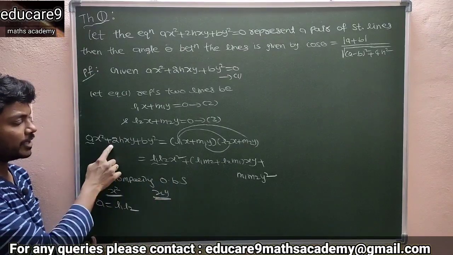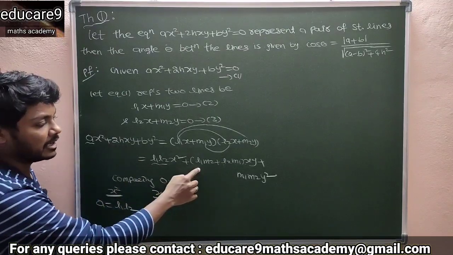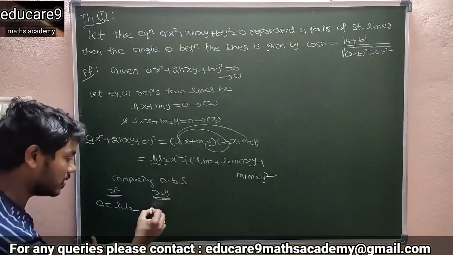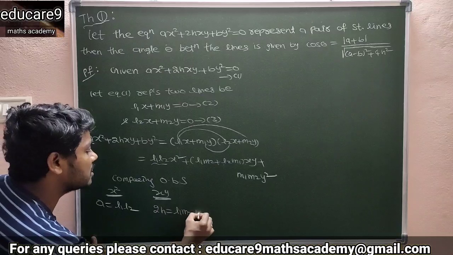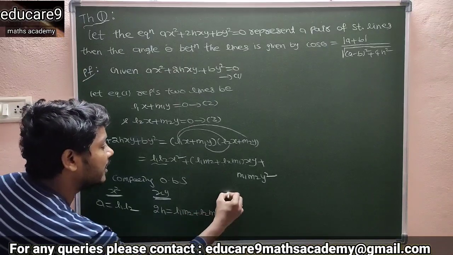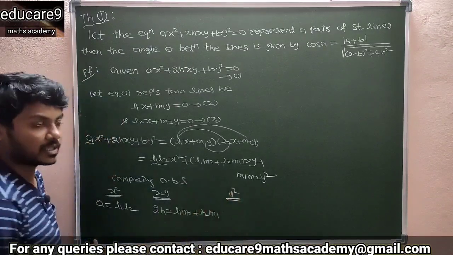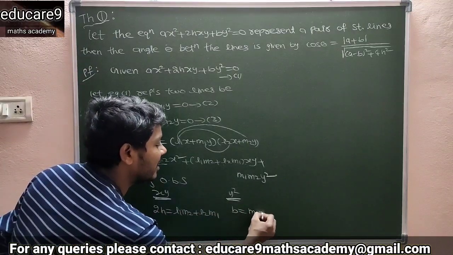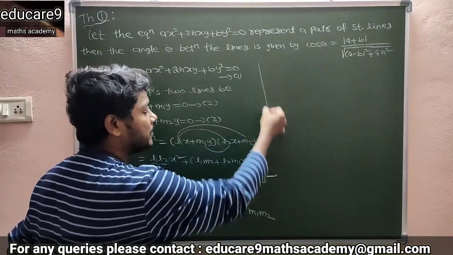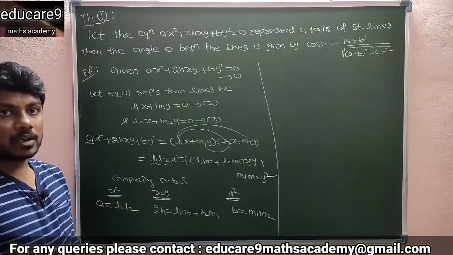What is the xy coefficient? 2h on LHS, on RHS L1 M2 plus L2 M1. So therefore 2h is equal to L1 M2 plus L2 M1. Next, the y square coefficient: B is equal to M1 M2. Okay.